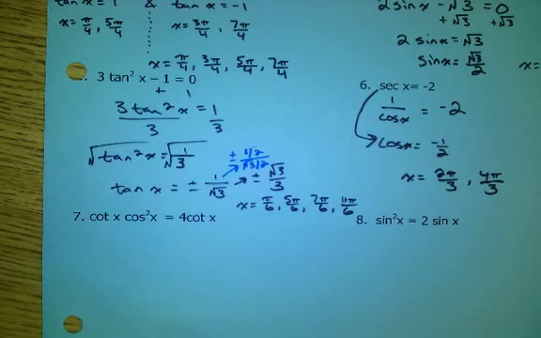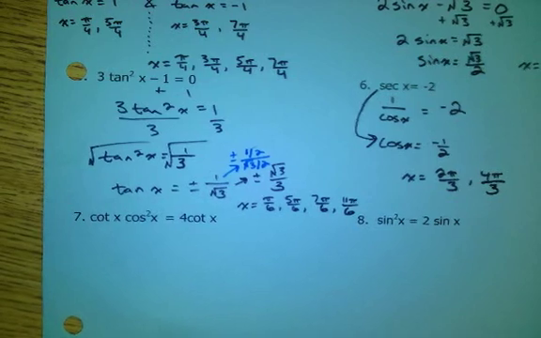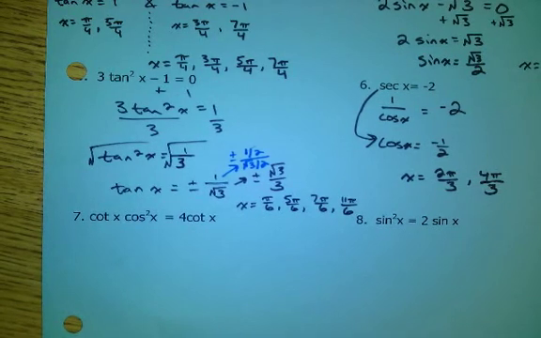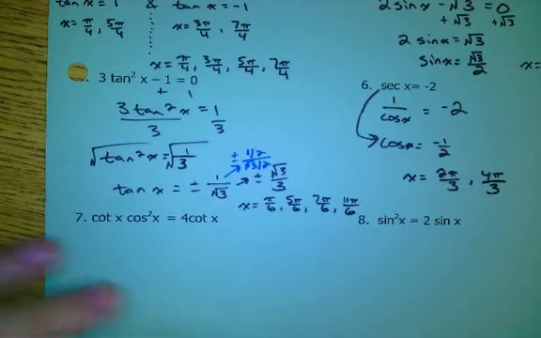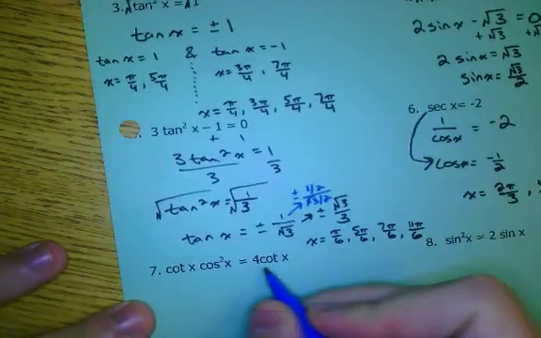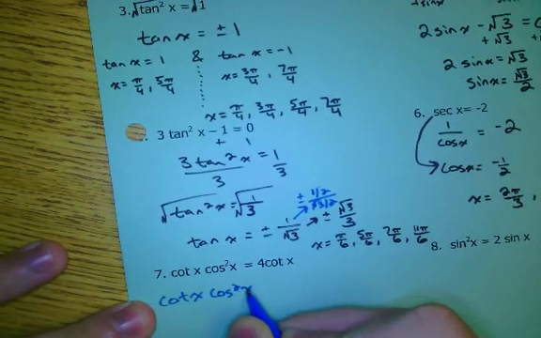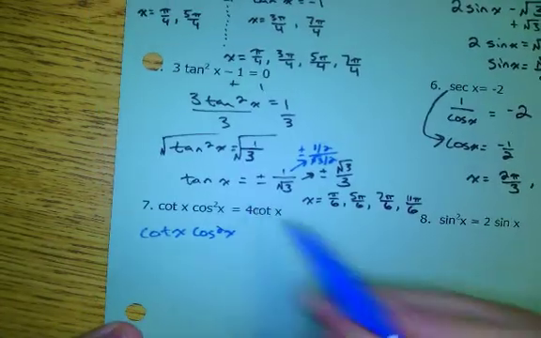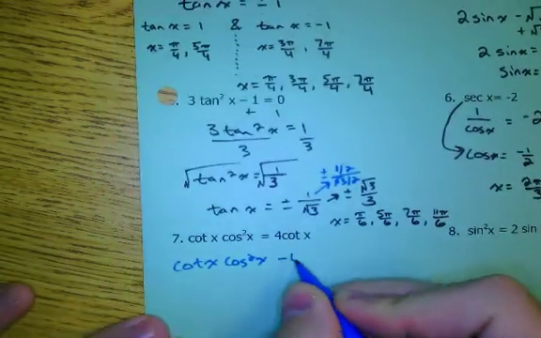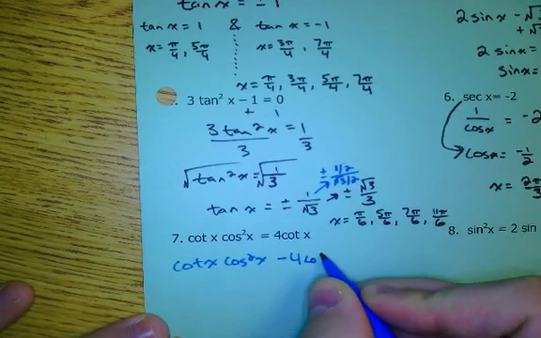Okay, so since we cannot divide by trig functions, we have to get them all on the same side and factor one out. So I'm going to get these 4 cotangents on the left-hand side. So we're left with cotangent x cosine squared x, and I have to move this over by subtracting it.